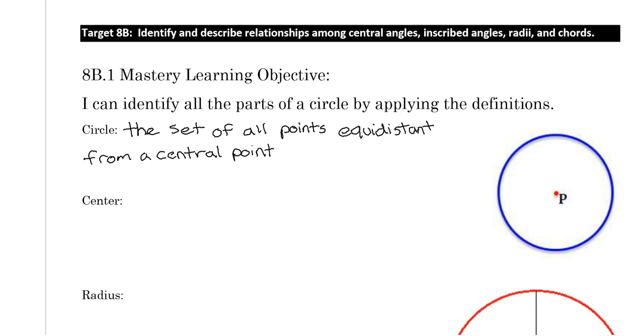And then we have the center. The center of a circle is the point in the middle that is used to name the circle.